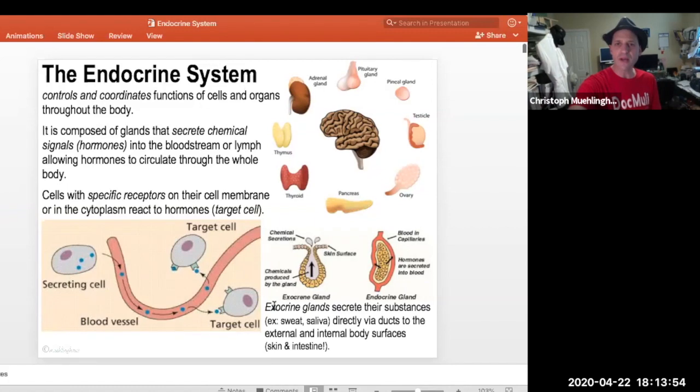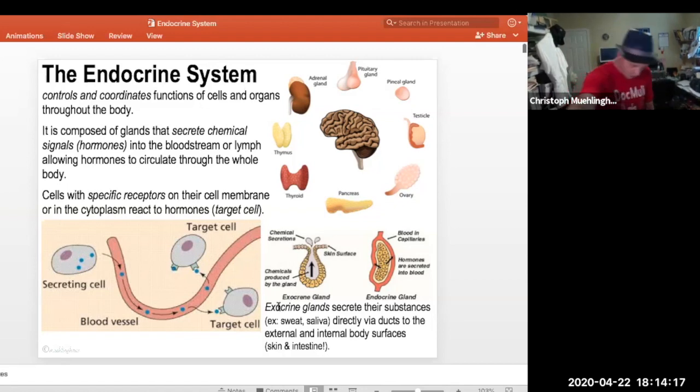The exocrine is when the glands excrete things to the outside, like in sweat, like in actually the pancreas sends the digestive enzymes into the duodenum, for example. So that's the difference between exo and endo. And you have to understand that the intestinal system is considered exocrine.